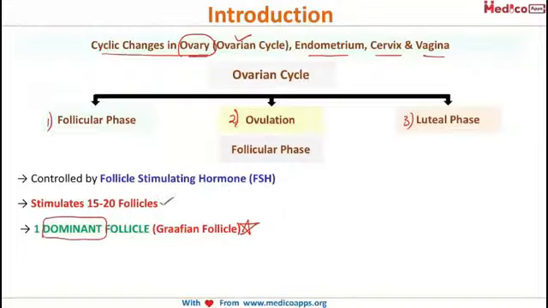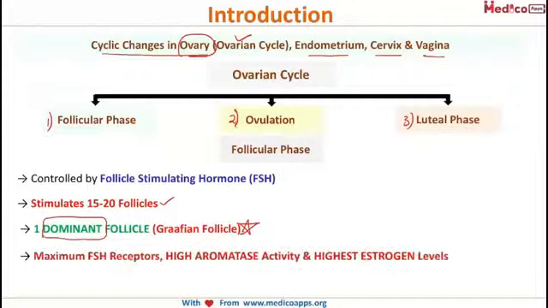Now, how is it selected? Why does only one follicle become the dominant follicle? It's a very good question. Let's understand how it happens. It is selected on the basis of the maximum FSH receptors, high aromatase activity and highest estrogen levels.